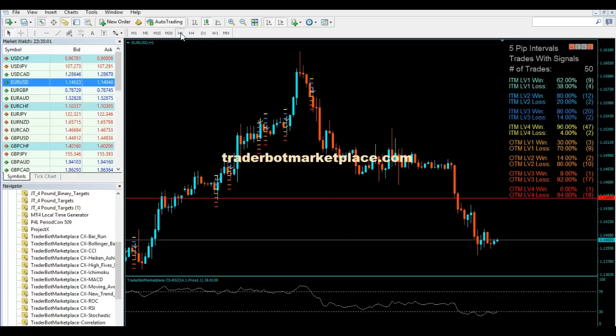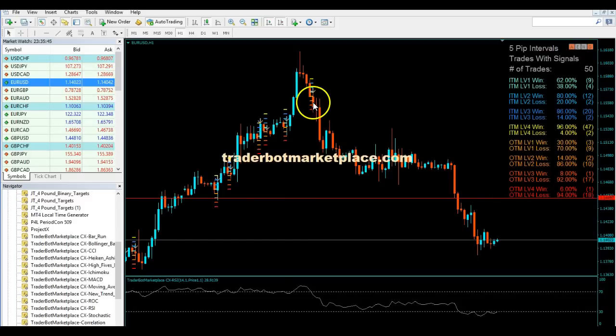Now look, I know right now that whenever I get a signal, I know exactly what my probabilities are going to be over the past 50 trades. I know, for instance, that if I get a signal to sell this right here as price comes down below the overbought level, I know that, let's see, only 6% of the time is it going to move down to this level right here.